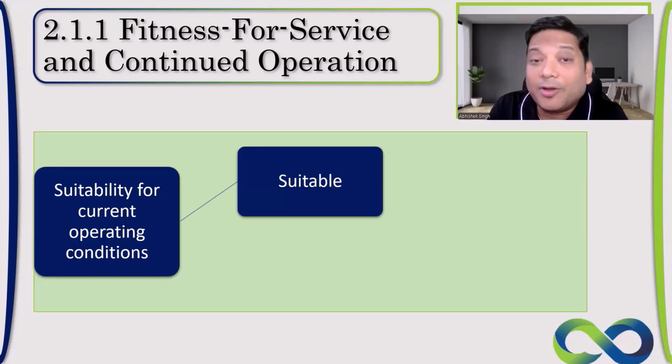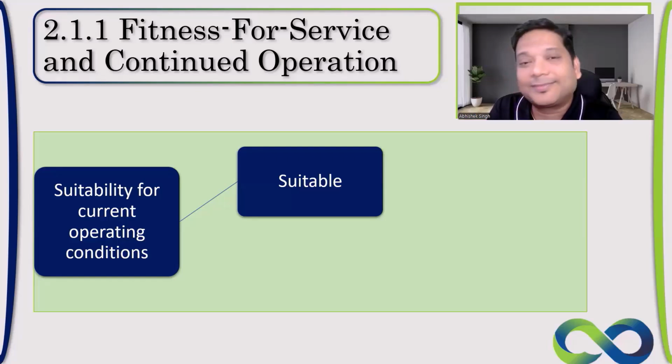Now, if the component is suitable, what will be your action? If you did the API 579 assessment and found that the equipment is suitable for running at the current operating condition, then what will be our action point? If it's suitable, you find the remaining life.